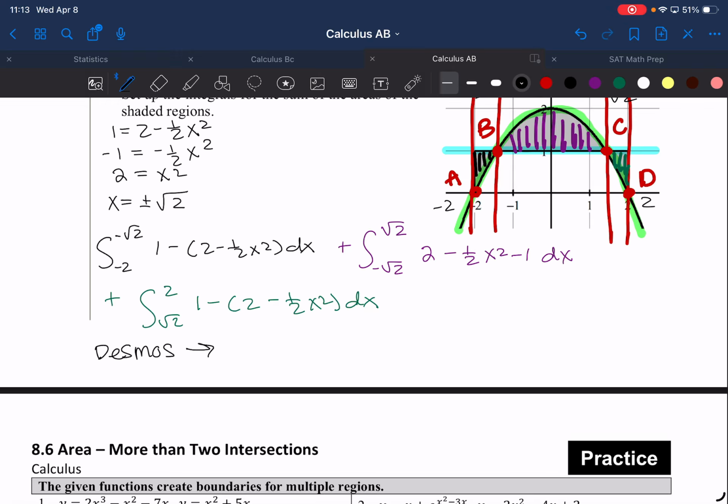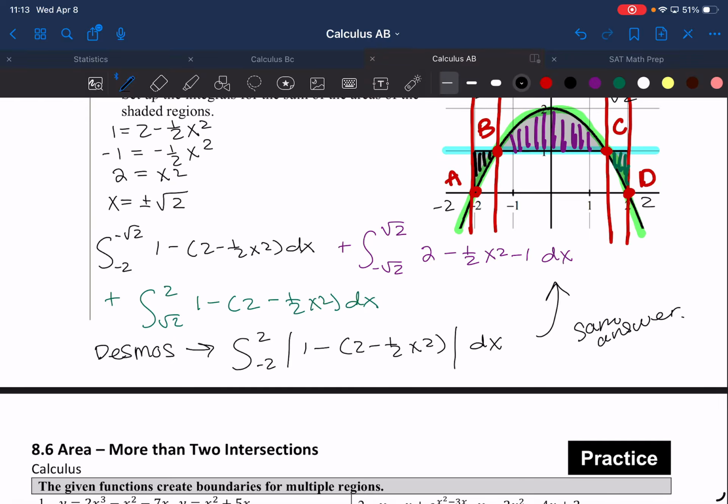But you could go on to Desmos and take the very first bound, so A, all the way to the last bound, which is D, so negative 2 to 2, and do the absolute value of the line minus the quadratic. So 1 minus 2 minus 1/2 x squared, absolute value, dx, and you will get the exact same answer as above.